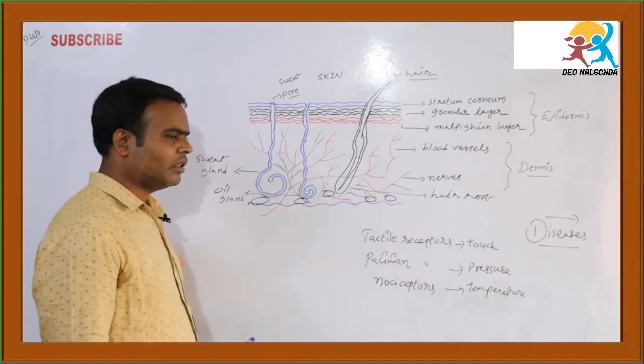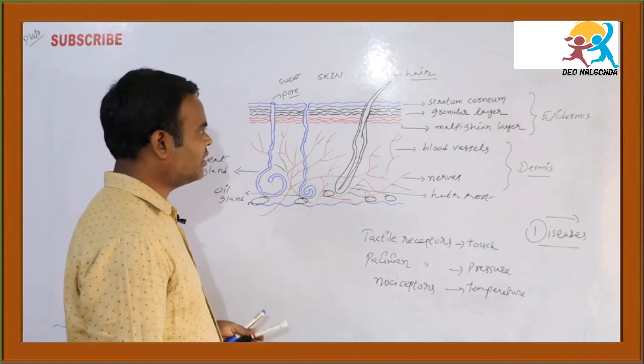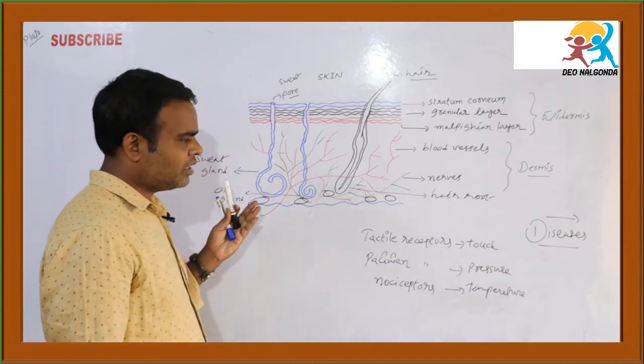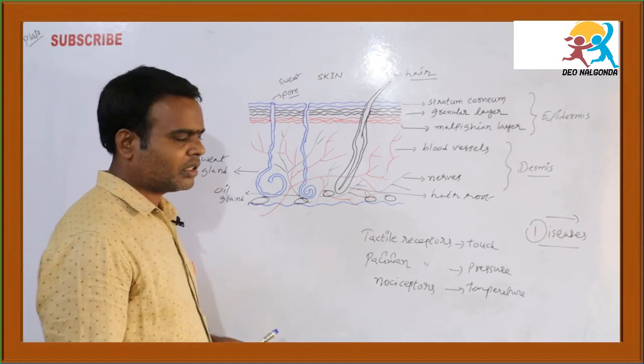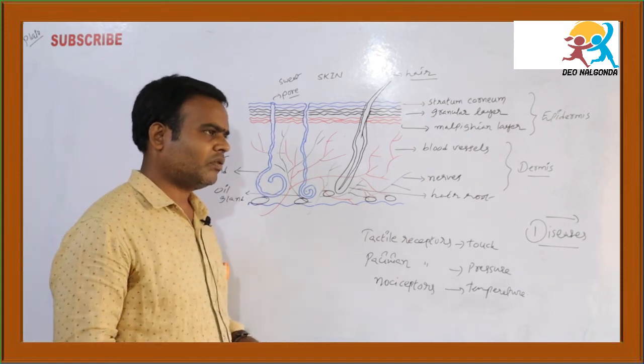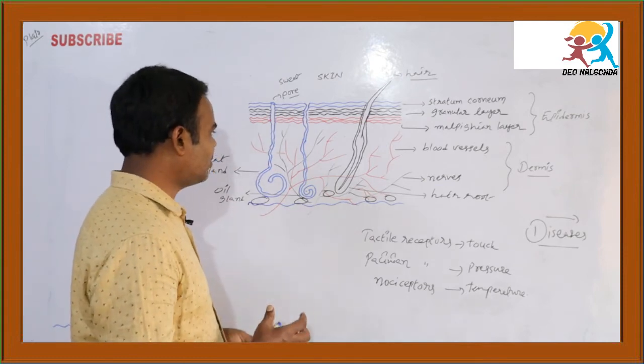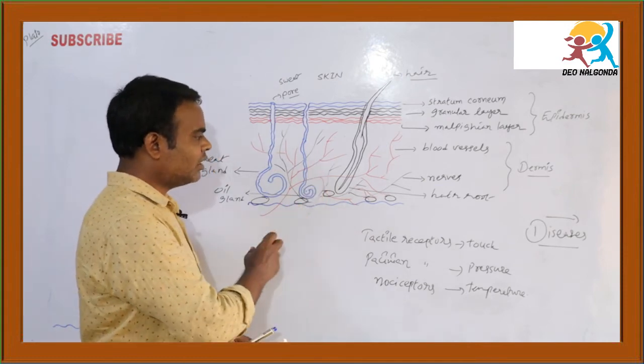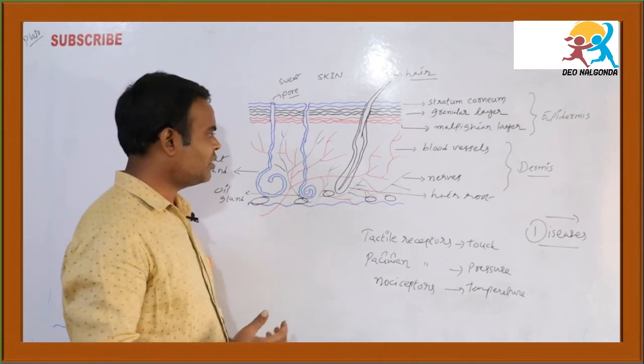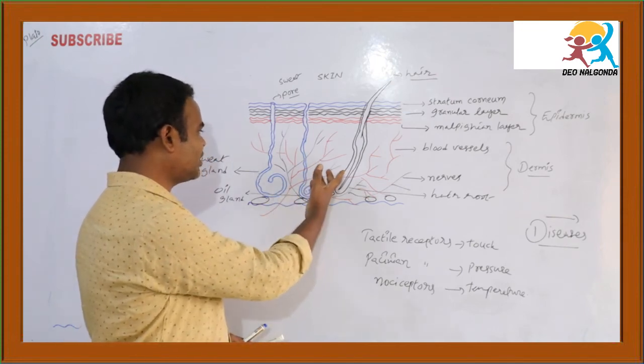And not only that, the other major function of the skin is that it is a thermoregulatory organ. When our body gets more temperature from the external environment, automatically the blood supply to the body parts, especially to the skin, is increased.